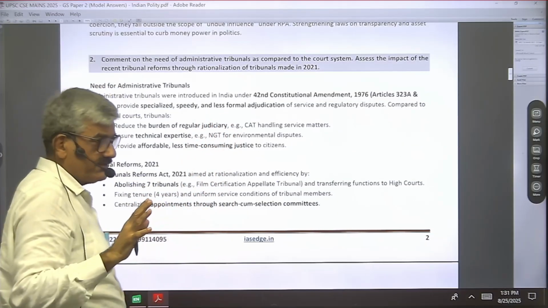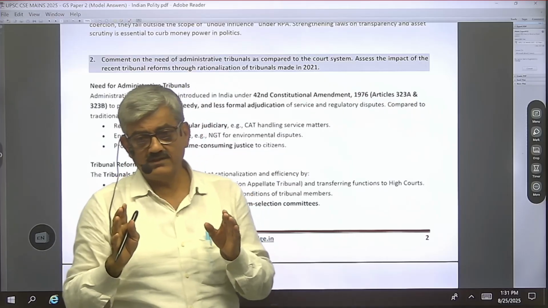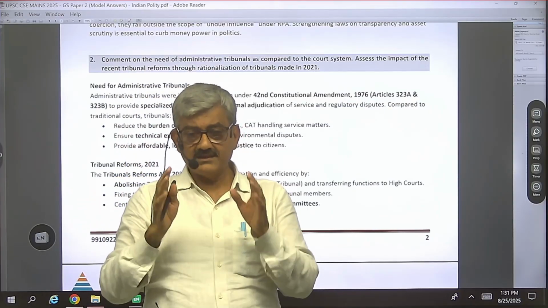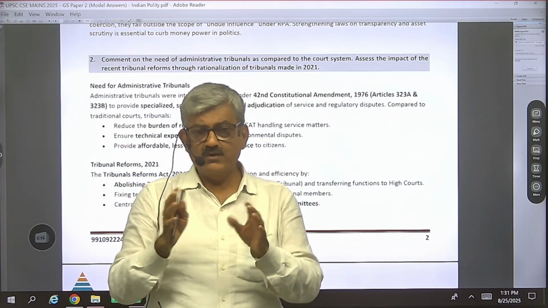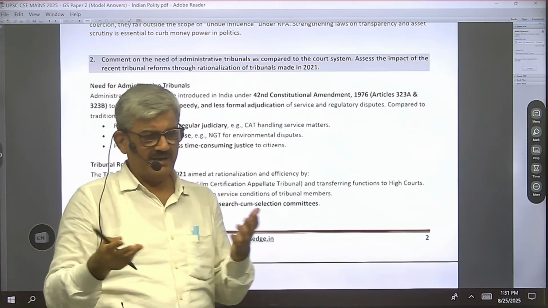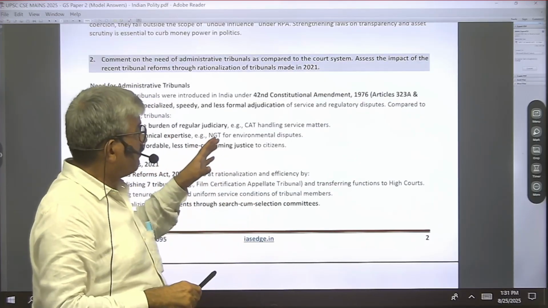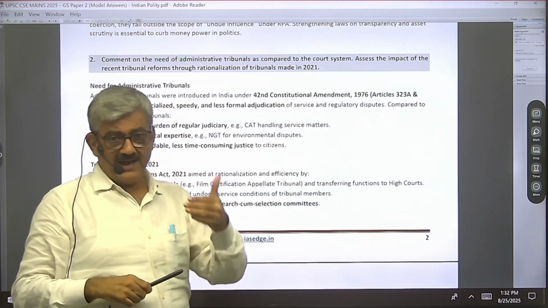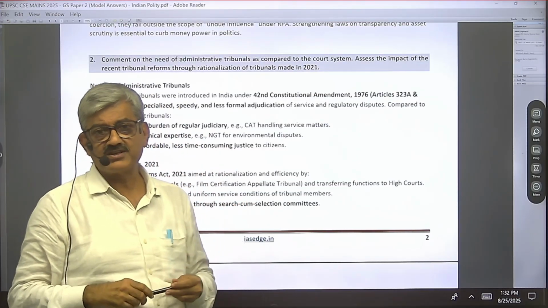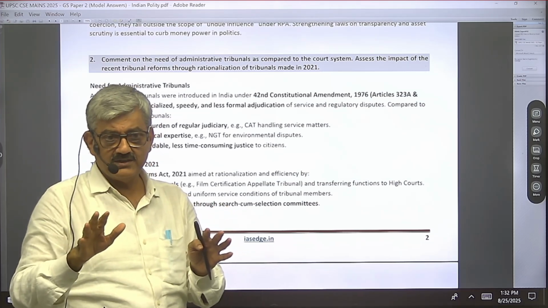The next question, as we have said, is on the administrative tribunal. Originally, it was not in the Indian Constitution. Article 323A(b) introduced it in the Constitution by the 42nd Amendment Act. But basically, by the 1985 Administrative Tribunals Act, the tribunals were established.